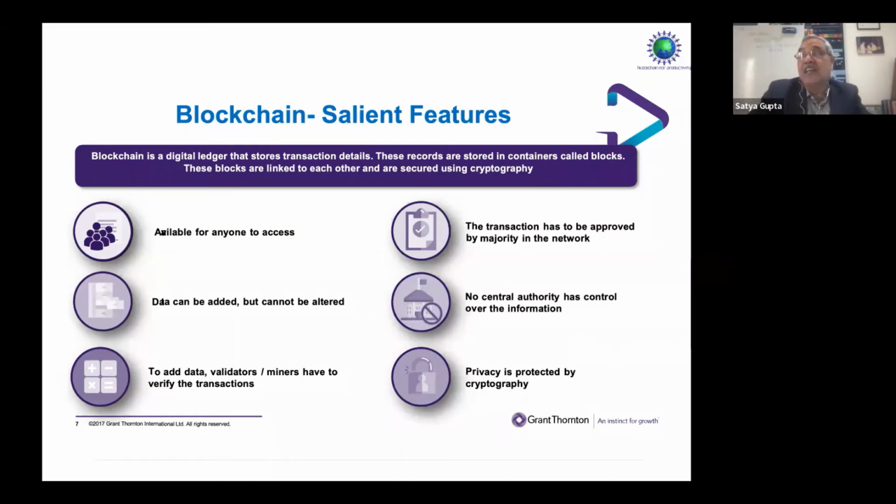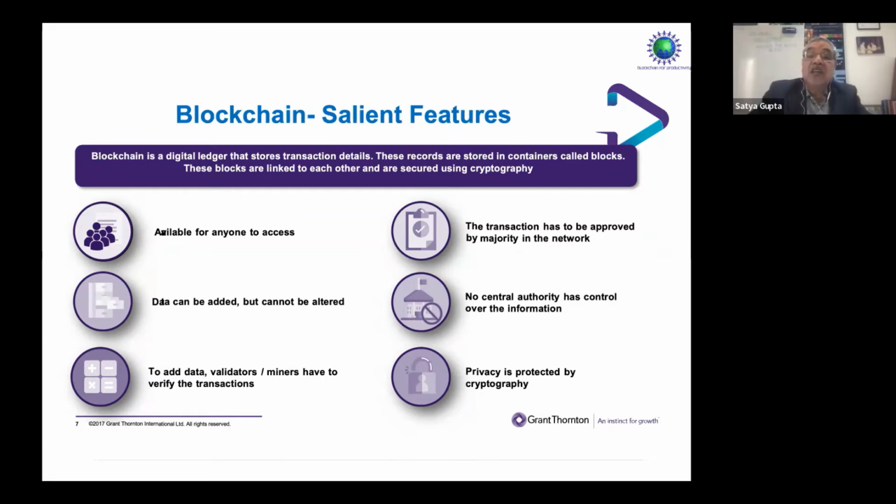And that is what is adding value. It is getting verified by others. And that is how the trust comes, transparency comes. The transaction has to be approved by the majority in the network. That is the majority gain. Suppose there are 100 nodes in a particular chain, at least 51 have to validate that. Otherwise, it will not be accepted. And that is the proof or consensus, whatever you call it.